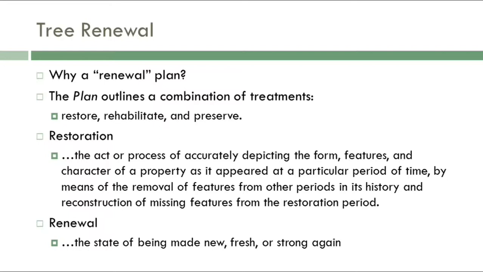The plan, our plan, the Landscape Renewal Plan, has two parts, very similar to a Part 1 and Part 2 of a cultural landscape report, with the emphasis of our plan going to how we specifically restore the tree canopy. So we have selected restoration for the trees based on our documentation.